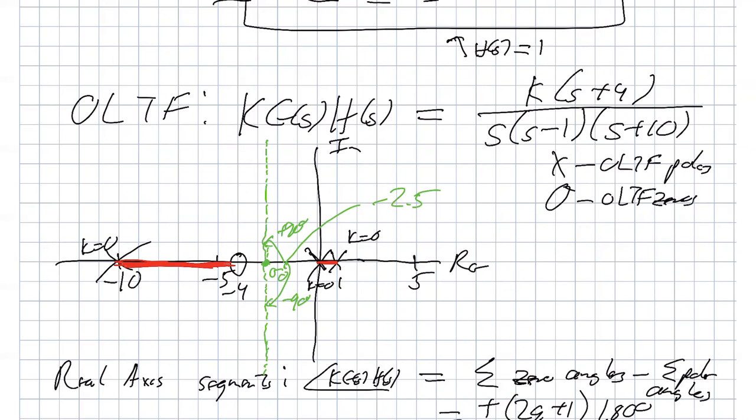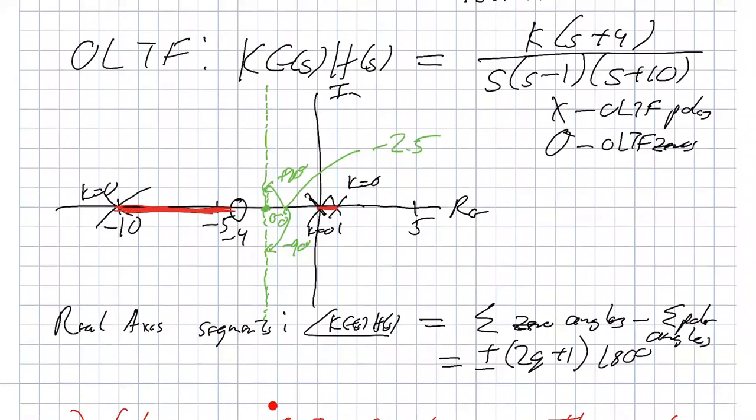So that's telling us that we have an infinite zero way out here, right? So we're going from here, and it's way out here, and then there's another infinite zero way down here below my screen. So what does the locus look like? Let's switch to red.